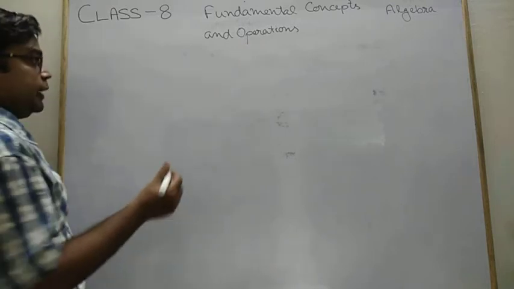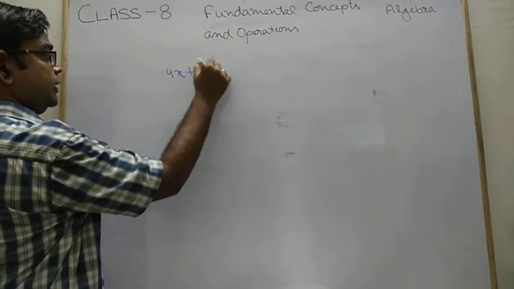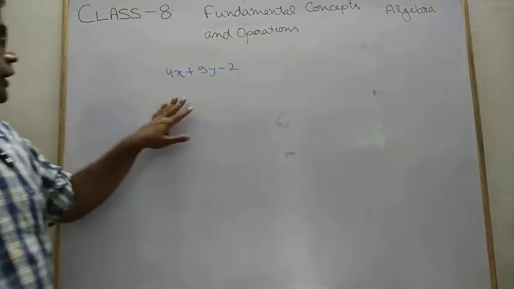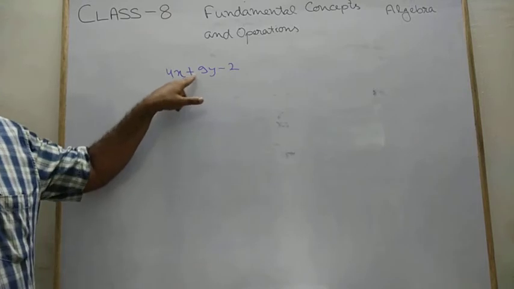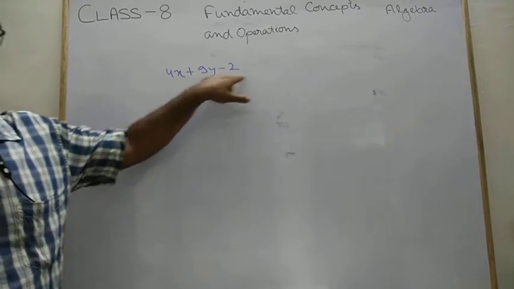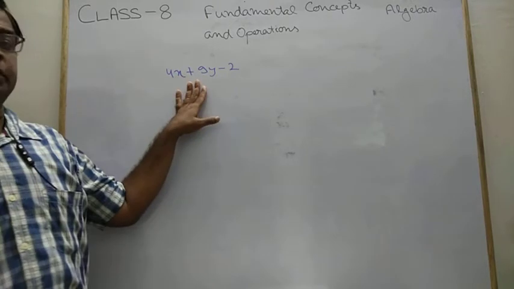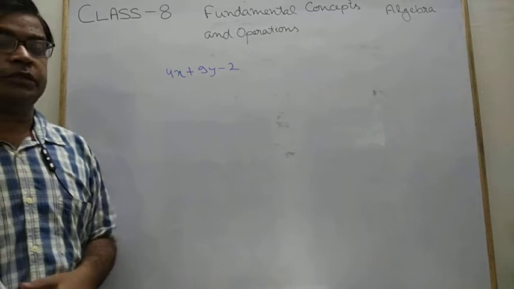For example, I am writing here 4x plus 9y minus 2. What are we observing in this case? We have 4 into x plus 9 into y minus 2. This complete statement is a combination of three simple operations: plus, minus and multiply. So this is your expression.